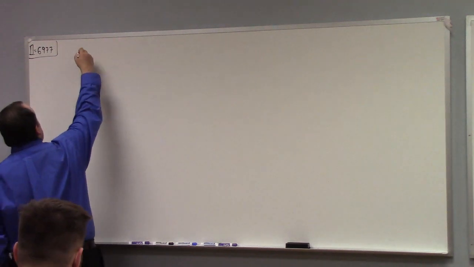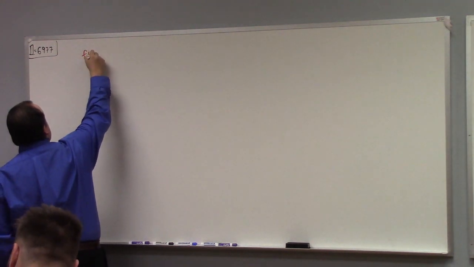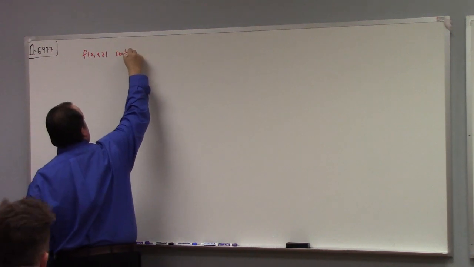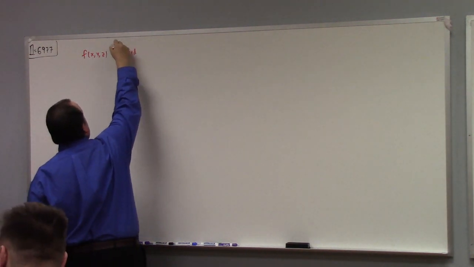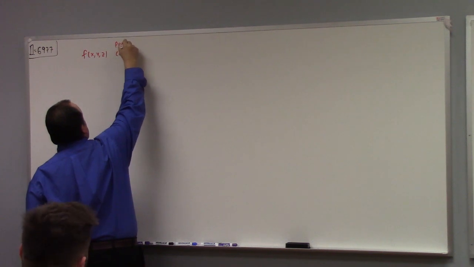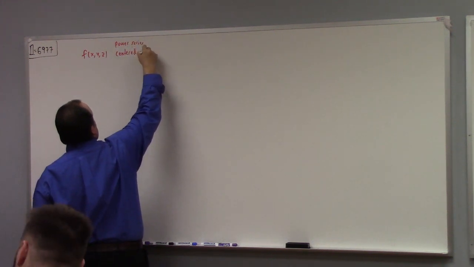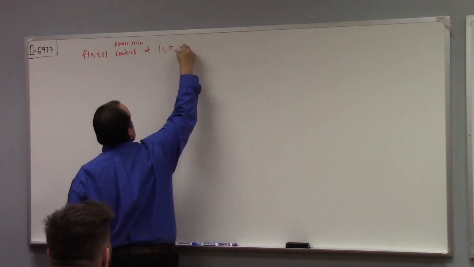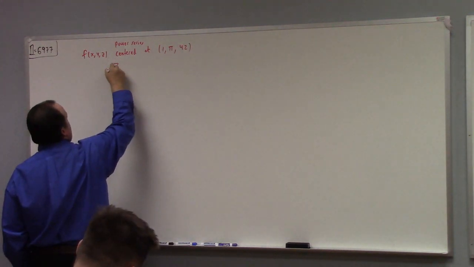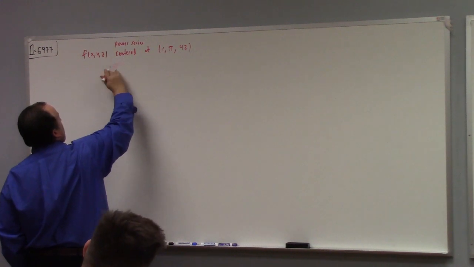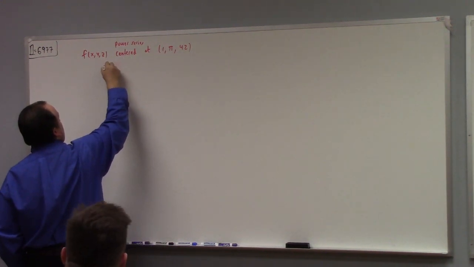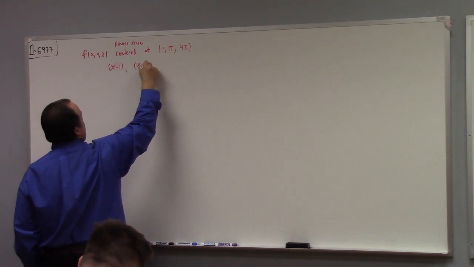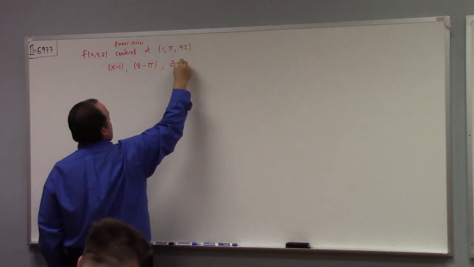So for example, if you have f of x, y, z and you want the power series centered at, let's say, (1, pi, 42), that means you want the power series to be in terms of x minus 1, y minus pi, and z minus 42.